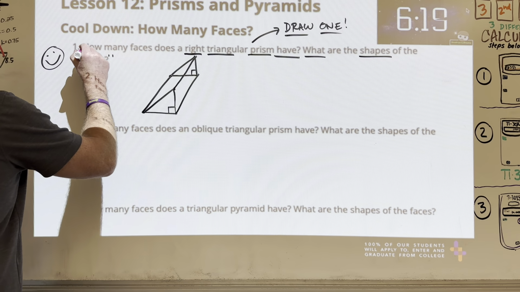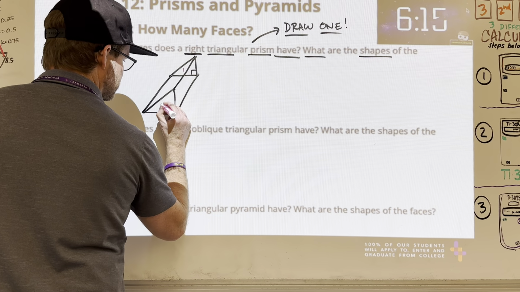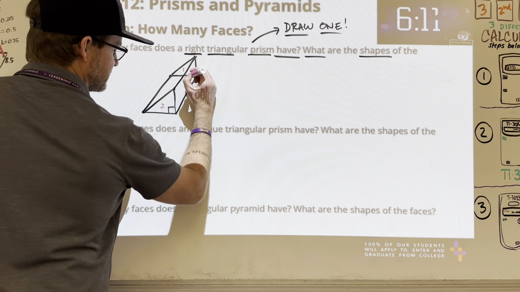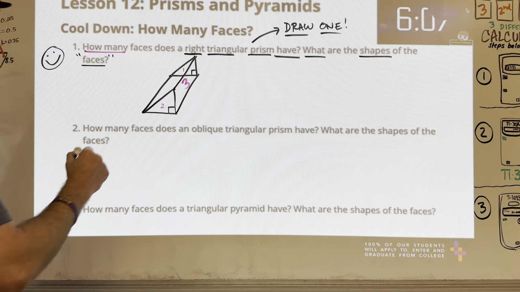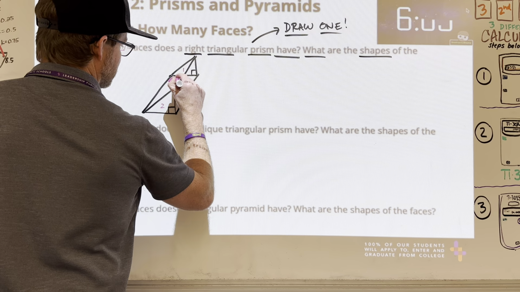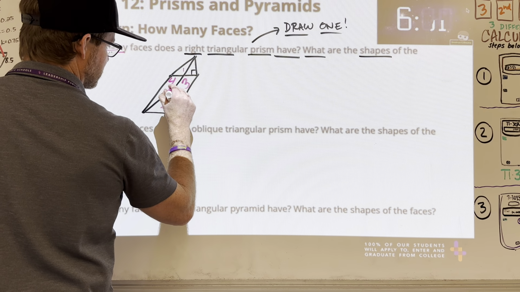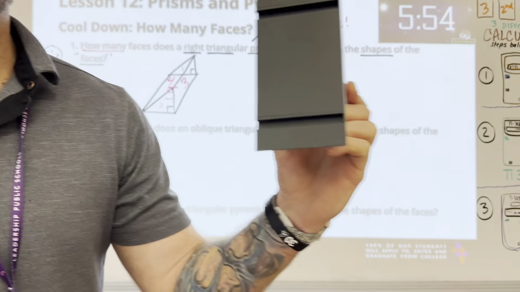So how many? They need a number. Well, you've got your two bases, which we already talked about. We've got this third one, which is a rectangle. You've got this fourth one right here, these two. And then if you look real closely, there's a fifth, which we might say is on the bottom.